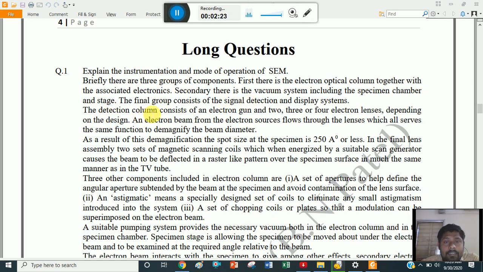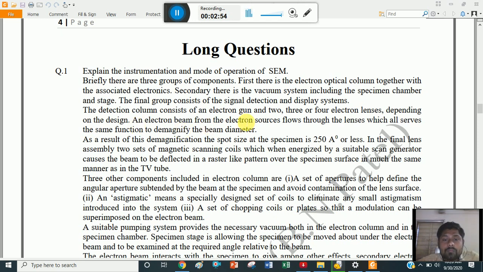Now the electron column consists of an electron gun and 2, 3 or 4 electron lenses, depending on the design of the instrument. The working of that column is to give the signal to the instrument in such a way that you can easily interpret the surface of the sample.